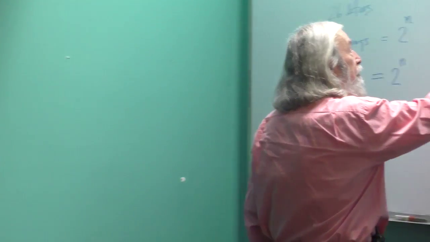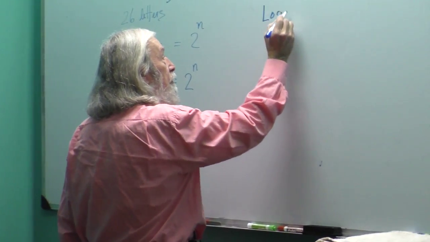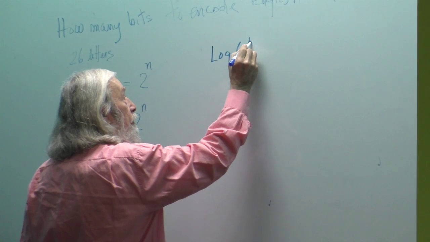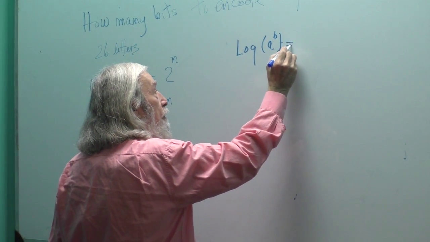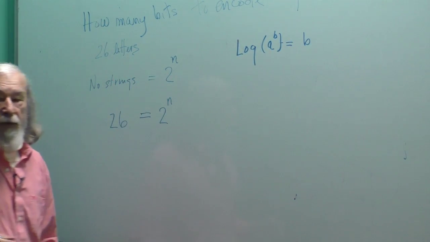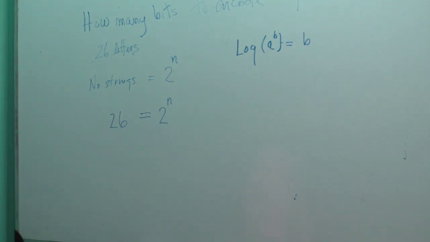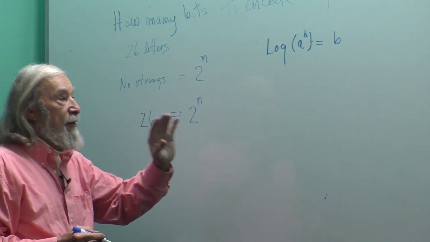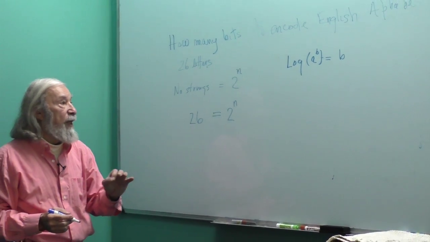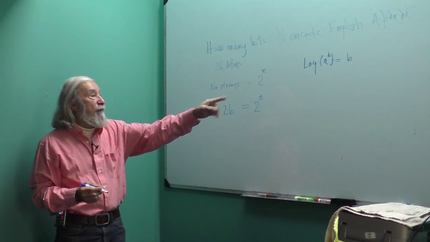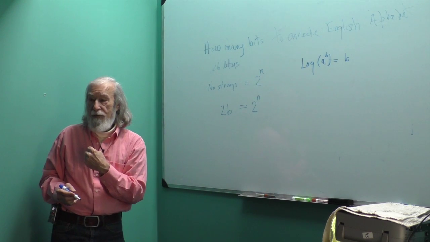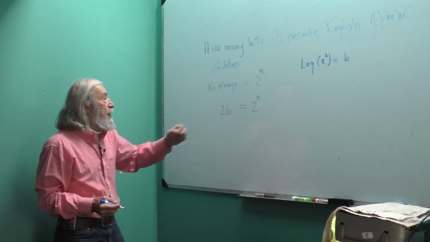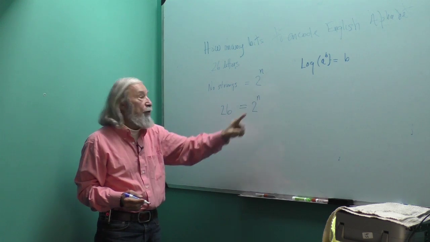Log. If you take the log of something, it grabs the exponent for you. Now, there's an issue about bases, which I won't talk about right away, but the log function will pull the exponent off whatever number you apply it to. So we would like to pull this n off that 2.